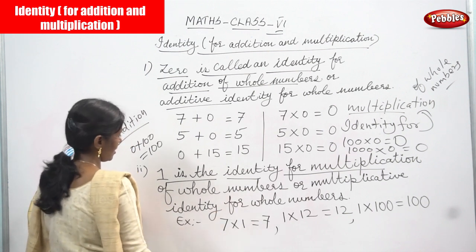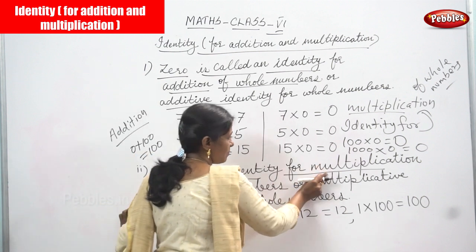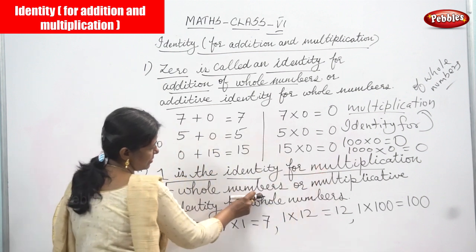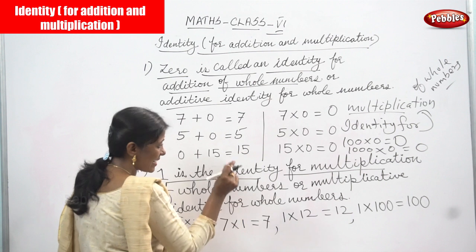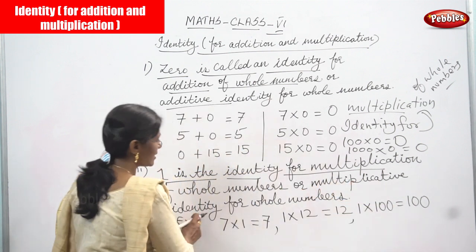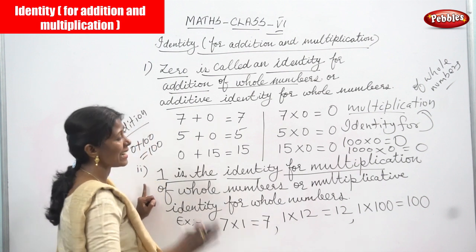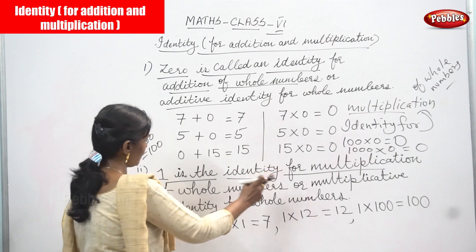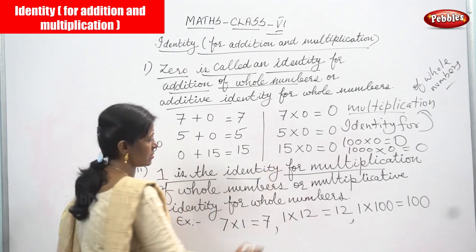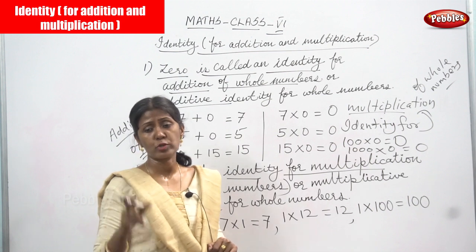I'll repeat once again: 1 is the identity for multiplication of whole numbers, or the multiplicative identity for whole numbers. You should memorize this statement.